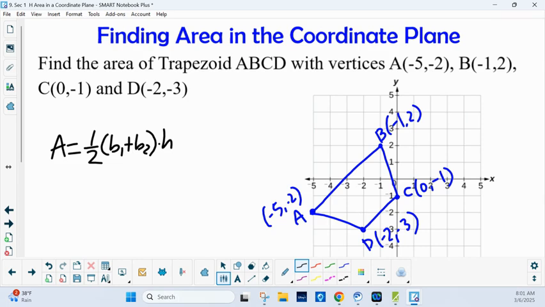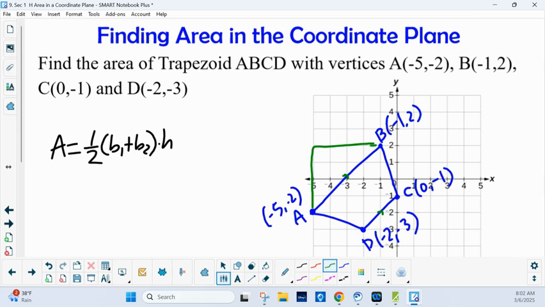No. So we have some work ahead of us. So we gotta find the length of each base. The bases are the sides that are parallel, the two that are running the same direction with the same slope. So if you want to use the distance formula, you can. I think it's probably easiest just to make that right triangle off of that side and do the Pythagorean theorem. That's probably the quickest, fastest route.